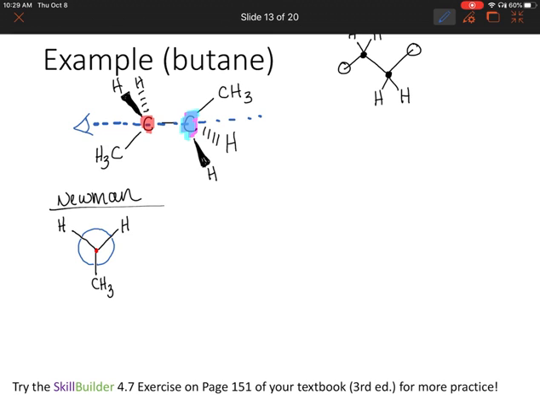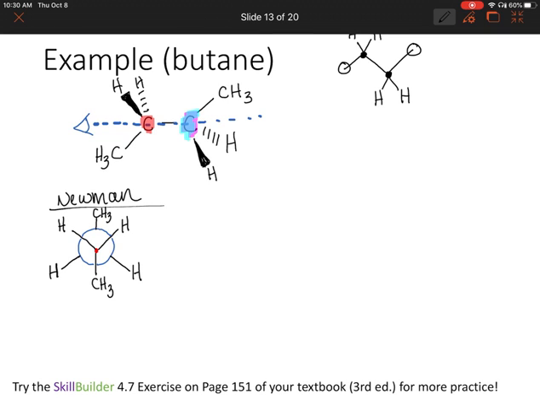It's represented as a circle, so it kind of looks like a steering wheel almost. And on that carbon, we have a methyl group up above, and then a hydrogen coming out. So that's our wedge hydrogen, and then a hydrogen going back. That's our dashed hydrogen. Okay, so hopefully you got the same thing I did.